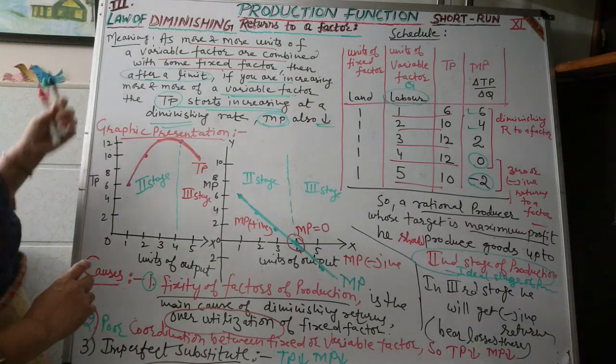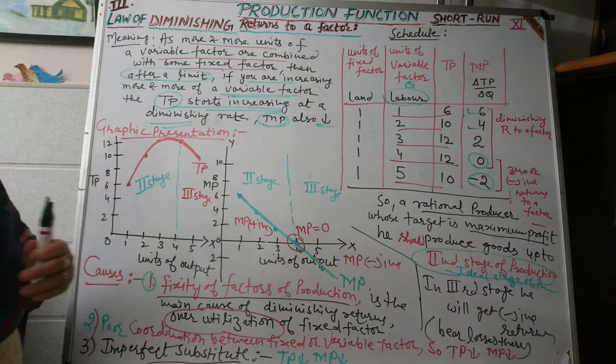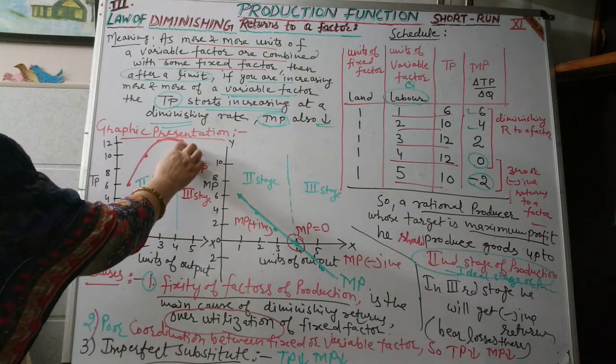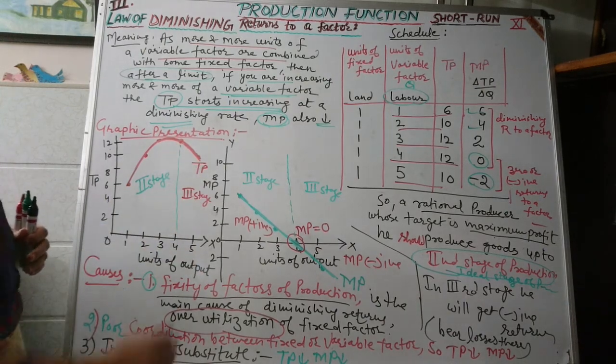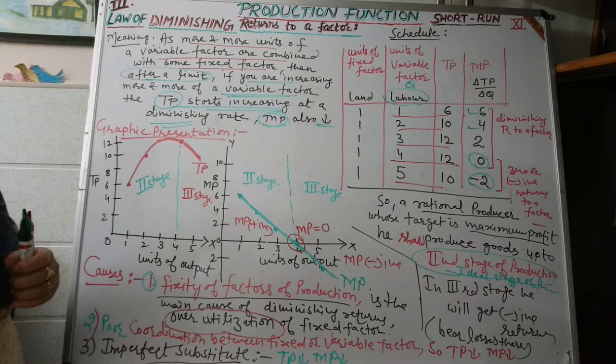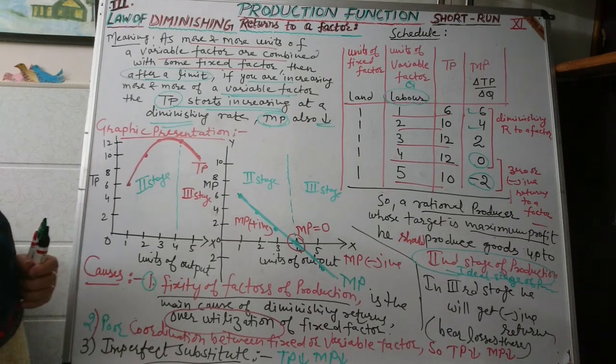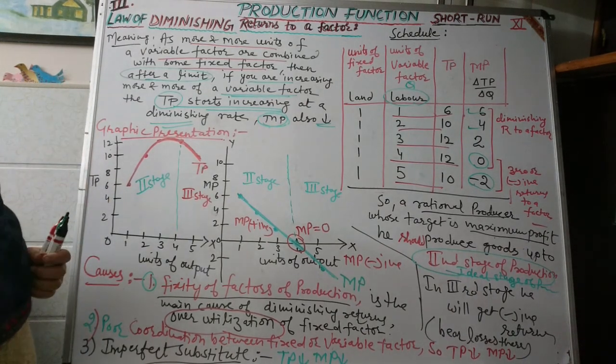So a rational producer will always try to produce goods within the second stage of production. As soon as the producer enters the third stage, he will definitely stop his production, because in this stage the producer will bear losses. So that's all regarding the diminishing returns to a factor.